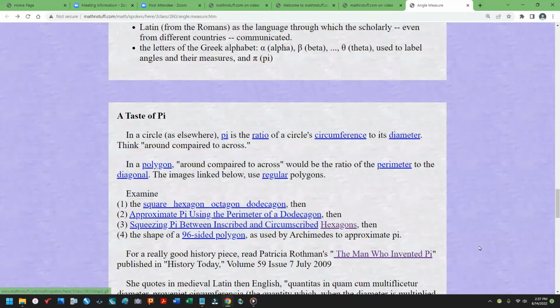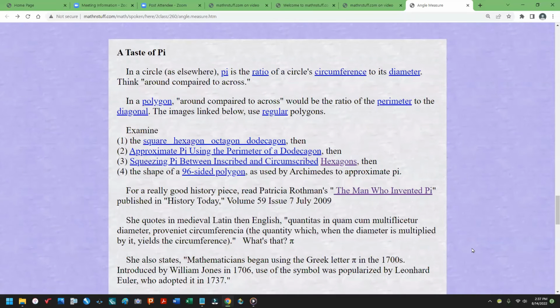So now we go on to pi. You'll find thousands of pages on pi. Here's a definition of circumference. There's a definition of diameter. Think around compared to across, what we just looked at.